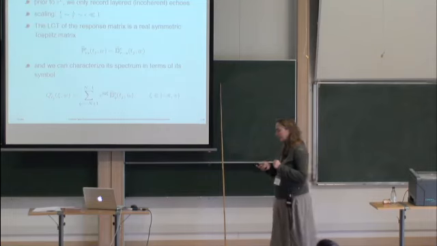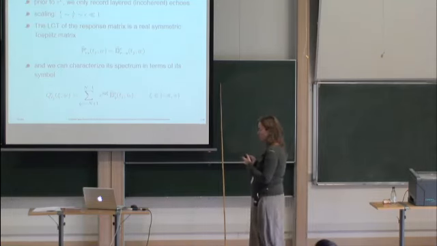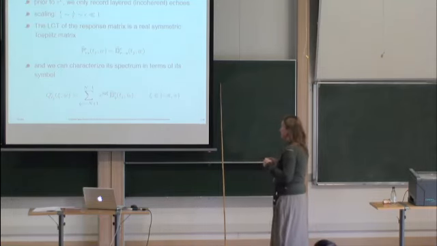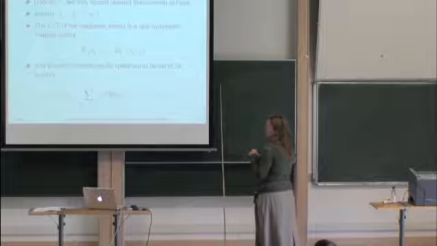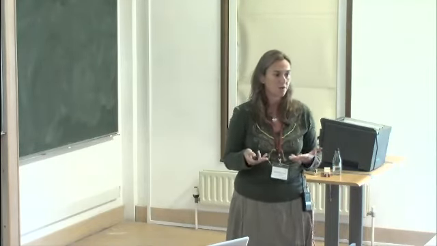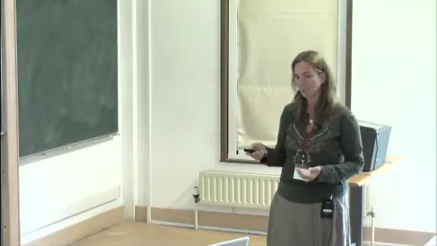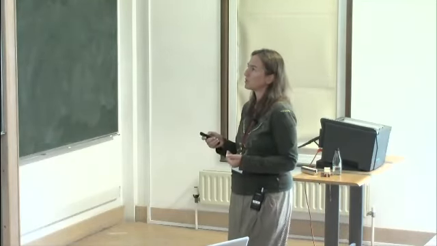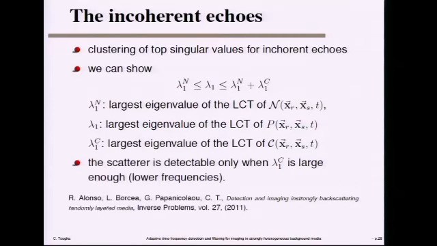The first thing that we can show theoretically is that there is this accumulation of the top singular values. This clustering of the singular values that we were observing for the noisy part of the signal is explained theoretically. Also we can show relations like this, which is important for the detection and the imaging.